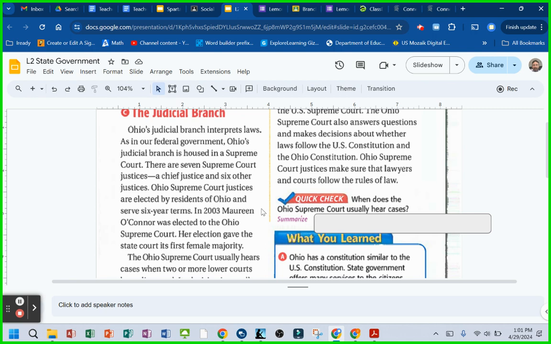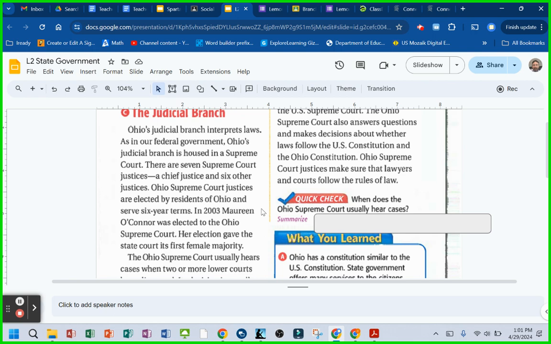Local judges do. The judicial branch of government looks at the laws that the legislative branch comes up with, and they judge or decide whether or not those laws follow Ohio's Constitution or, at the federal level, the United States Constitution.